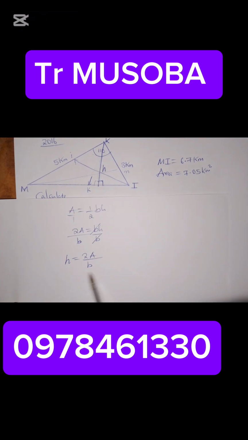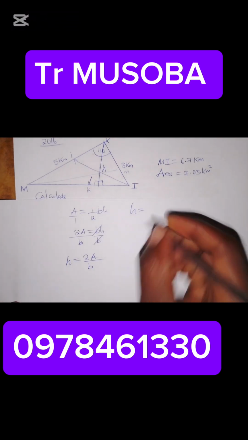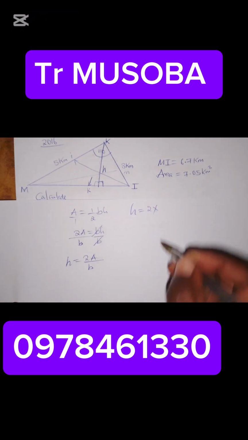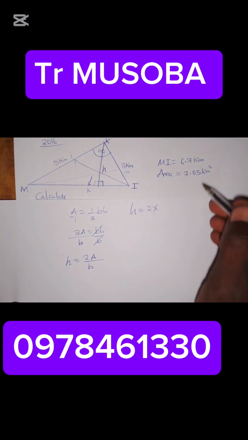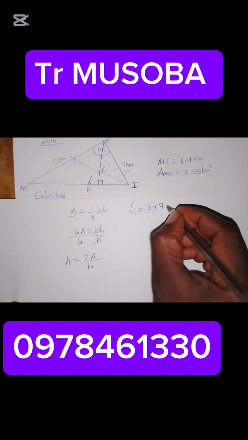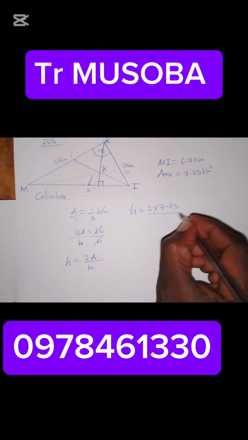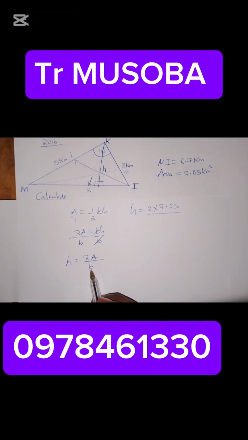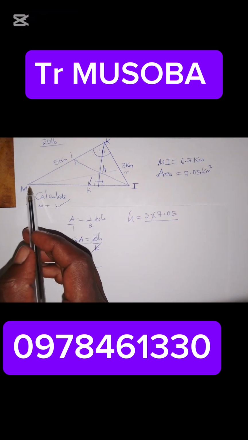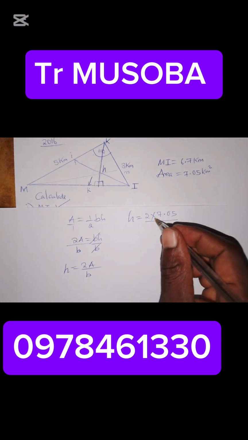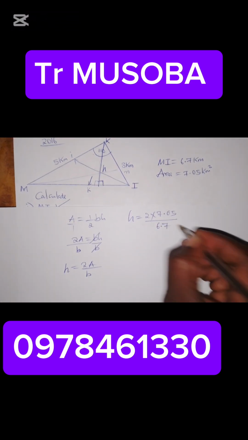I know you have used this formula before. Now, the height is equal to 2 multiplied by the area. The area we have calculated is 7.05. Divided by the base. The base is this one, MI, which is 6.7.